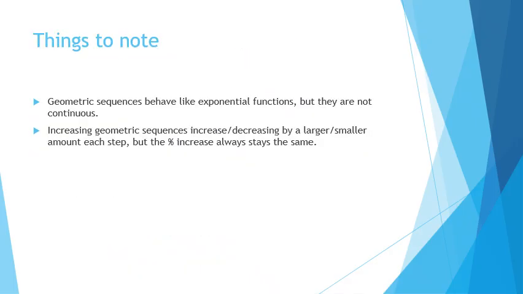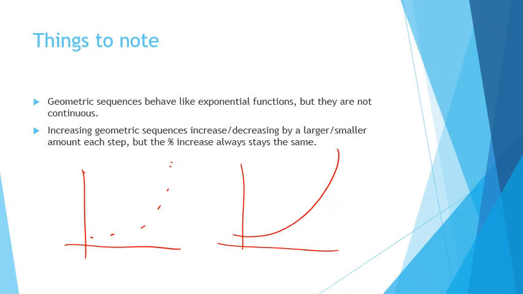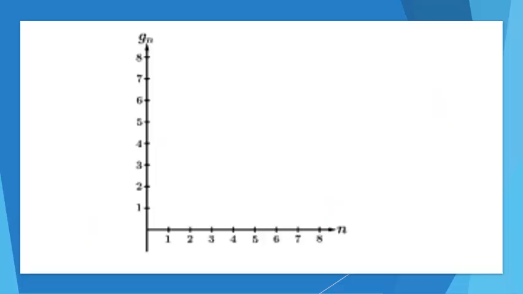Things to note, geometric sequences kind of behave like exponential functions, but they are not continuous. But they are very proportional, so the percentage increase will always stay the same, meaning you're always going to be multiplying it by 2, by 1/3, whatever the number is, that number that you're multiplying by will stay the same throughout the sequence or function.